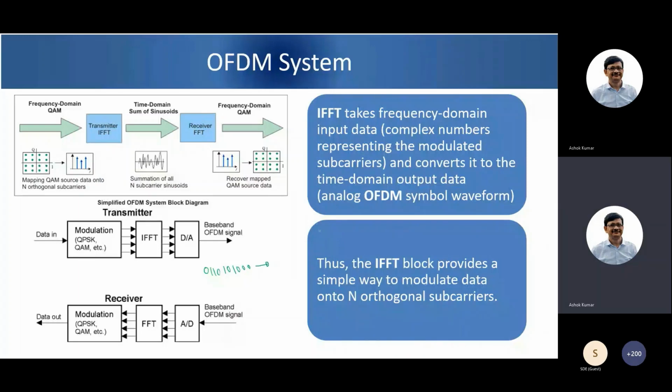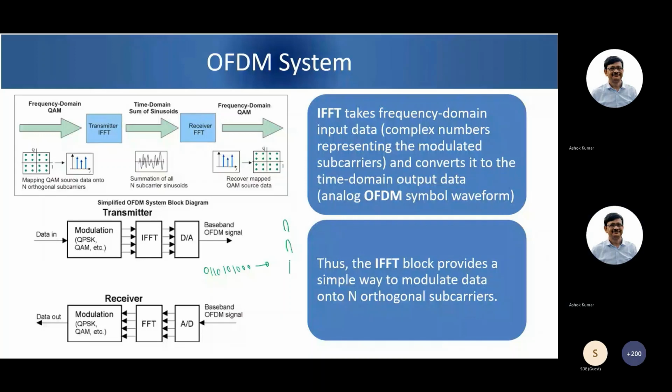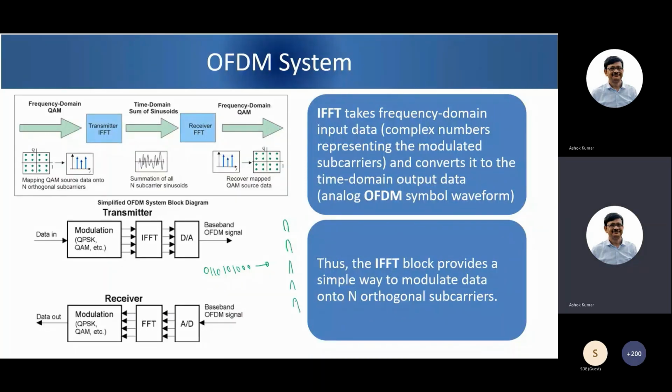In 5G, since you have the concept of subcarriers, you have n number of carriers, we have calculated 3000 subcarriers. Some data will go to one subcarrier, we modulate the data onto the subcarrier. So we are making the serial data into parallel.